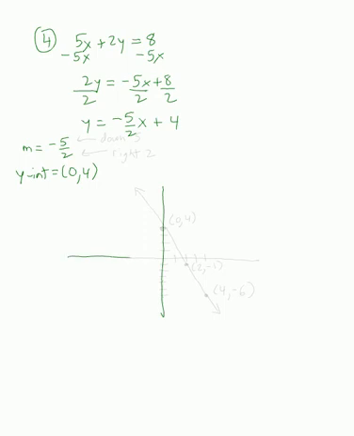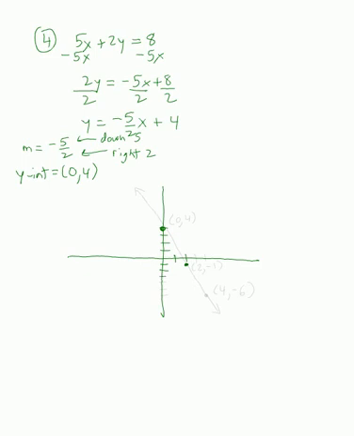Go ahead and draw our little picture here. First we do 0, 4. There's 0, 4. Then we go down 5 to the right 2. Right? This negative means down 5, and this positive means to the right 2. So down 5 to the right 2.